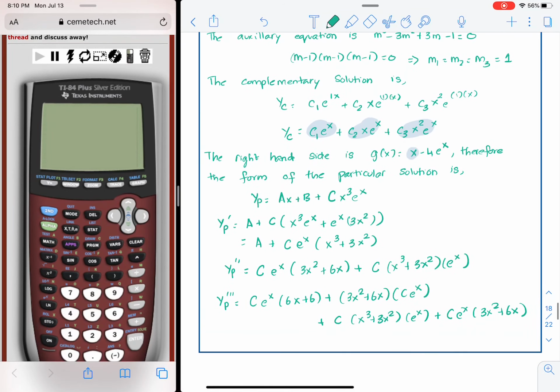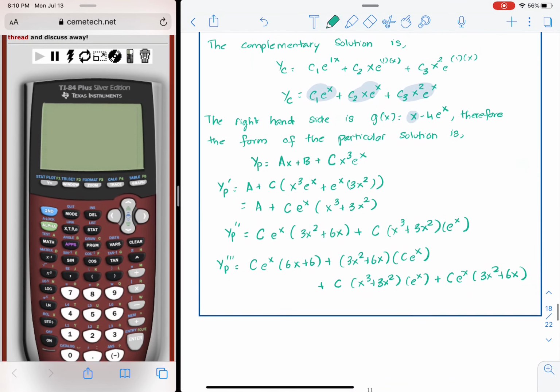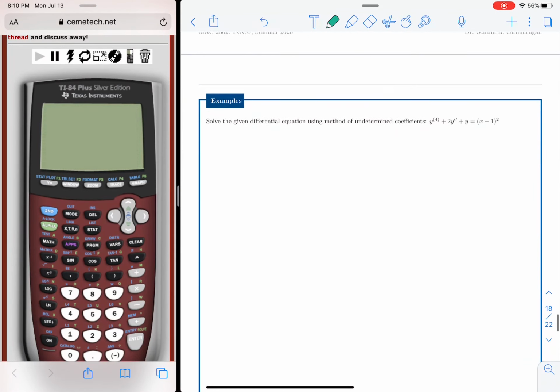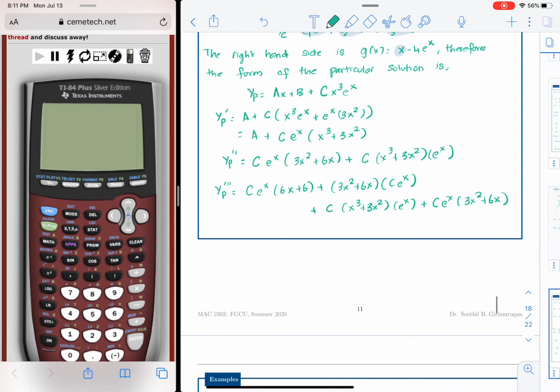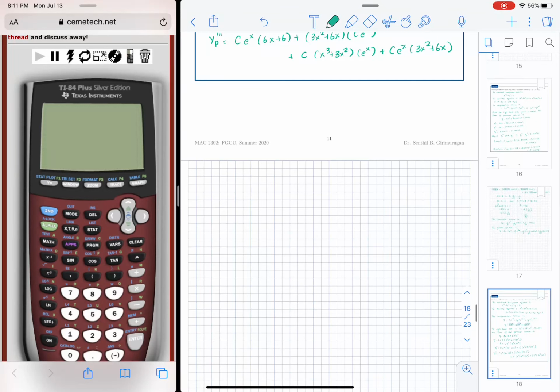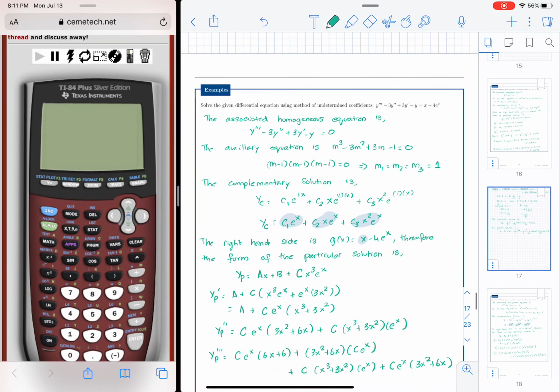Now we have to plug it in the original equation to get the terms isolated. So you plug in all of those values in the DE. Now before that, let's see if it is necessary.